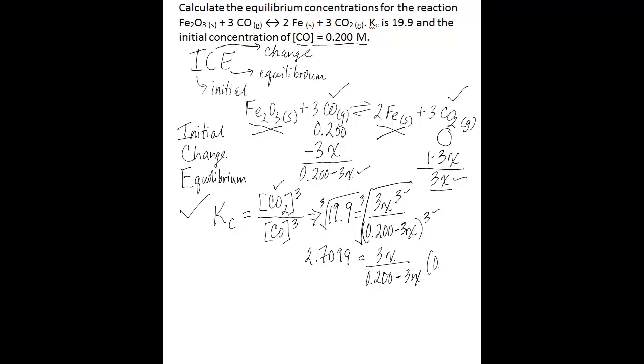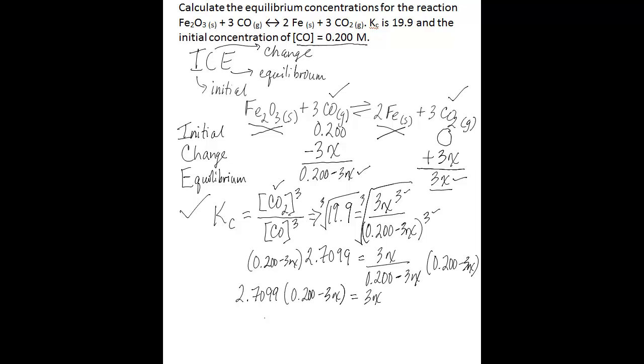The next thing you want to do is continue solving for x. So you're going to multiply both sides by 0.200 minus 3x. And when you do that, you'll be left with 2.7099 times 0.200 minus 3x is equal to 3x.